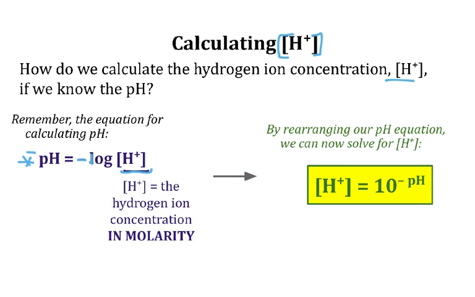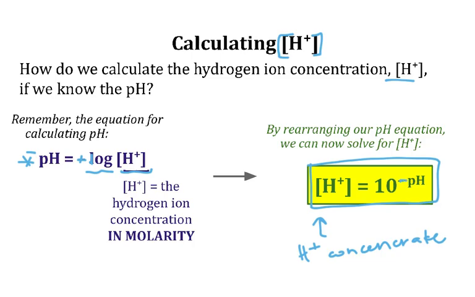So we get a negative pH. And then how do we undo a log? Well, this is log base 10. So when we rearrange that, we get this equation on the right. So we can find the hydrogen ion concentration by doing 10 to the power of negative the pH value. So these are the two formulas that we're going to have, and we go back and forth.